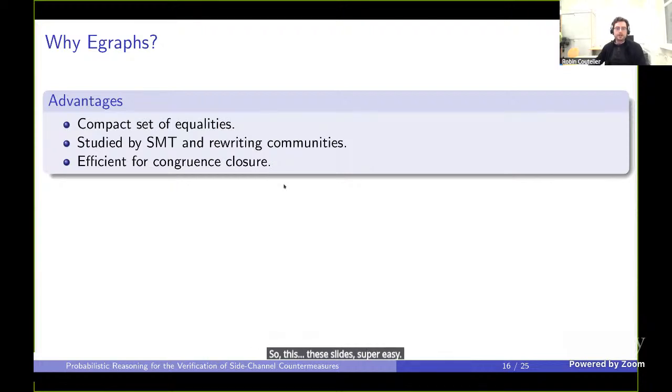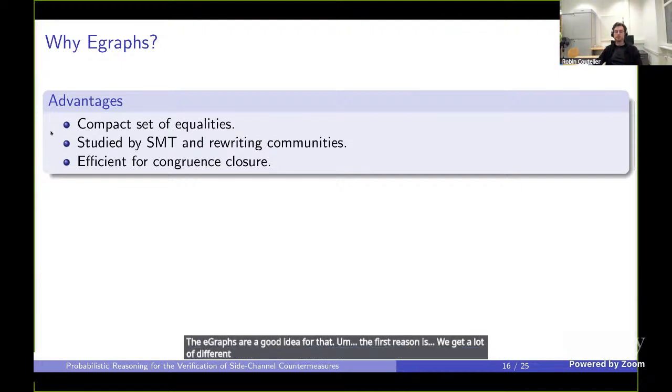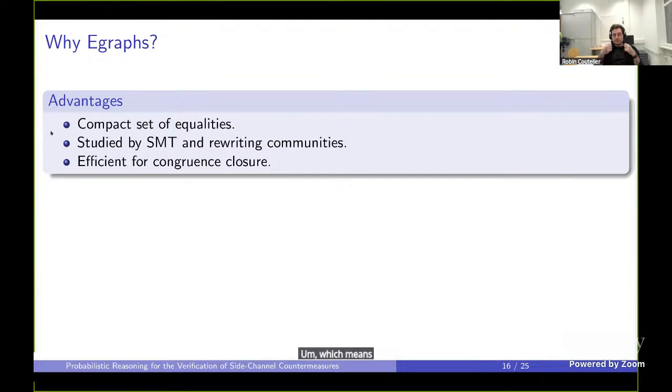Now, why do I think that egraphs are a good idea for that? The first reason is we get a lot of different equal expressions with the rewrite rules on polynomials because we don't really know in which direction to search, which means that we need them to be as compact as possible, right?